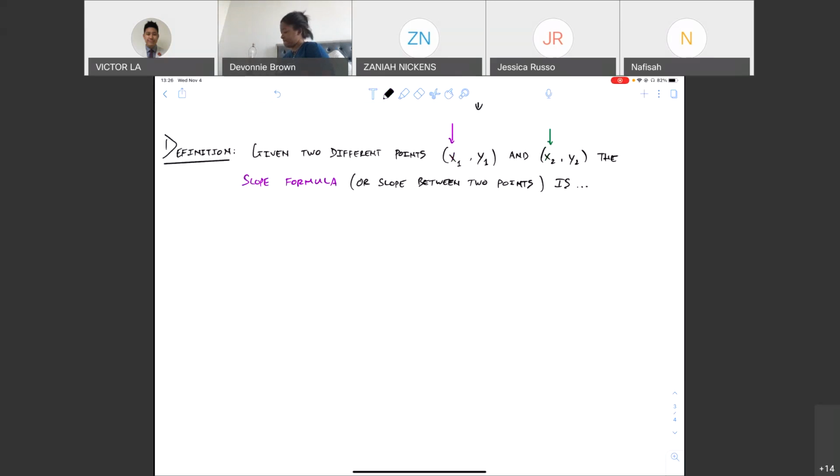Here comes the formula. It is M, which stands for slope in algebra, equals y2 minus y1 all over x2 minus x1.